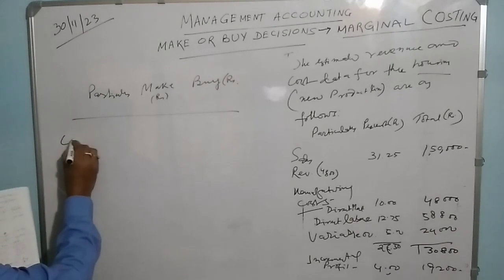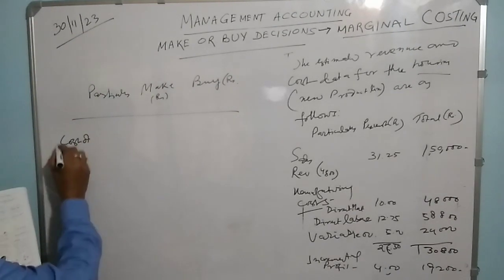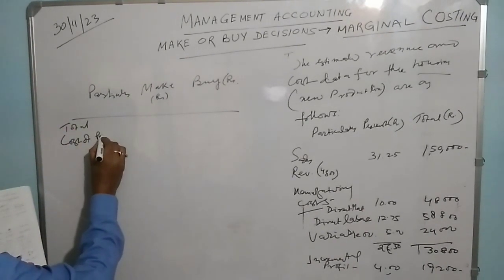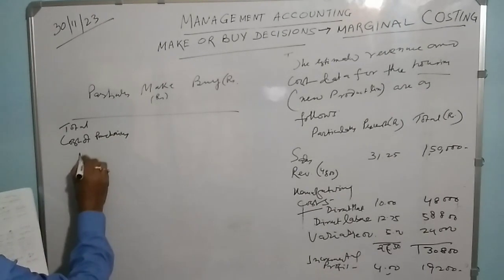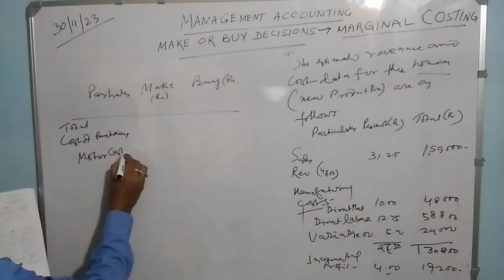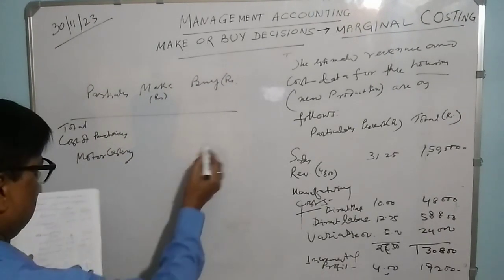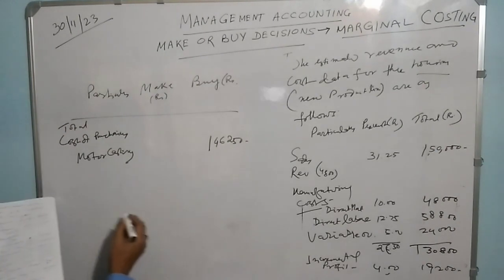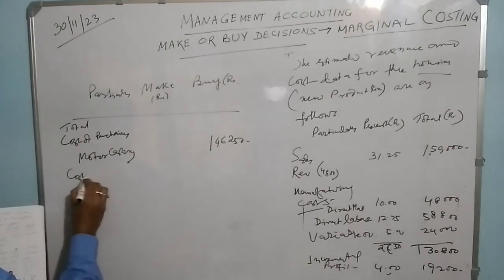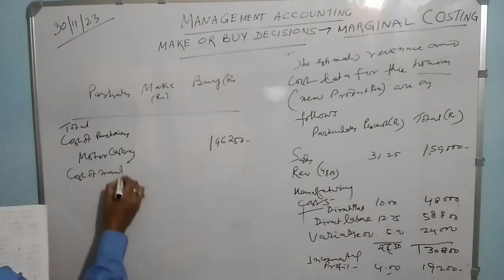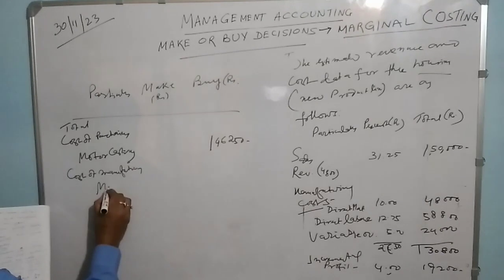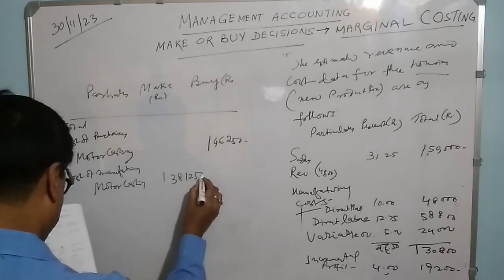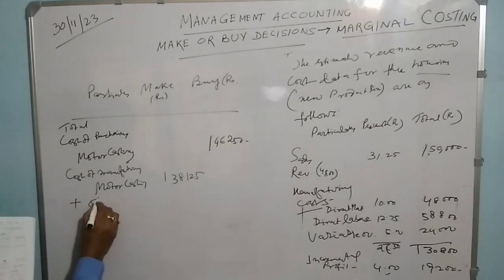So the total cost of purchasing motor castings, as we have given in earlier pages, is 1,46,250, and the cost of manufacturing motor casting is 1,38,125, plus opportunity cost.